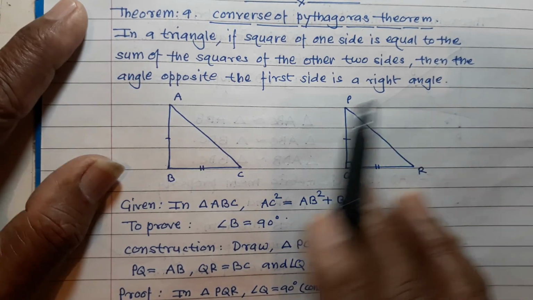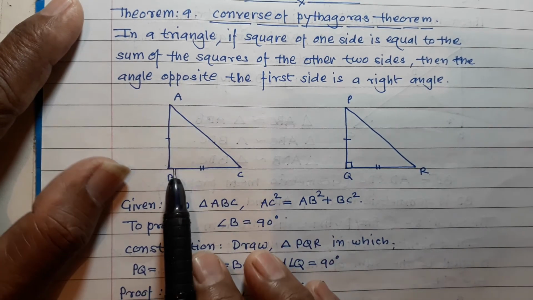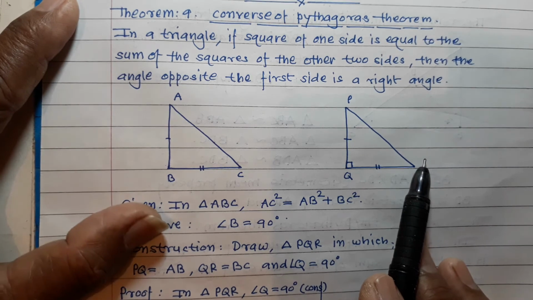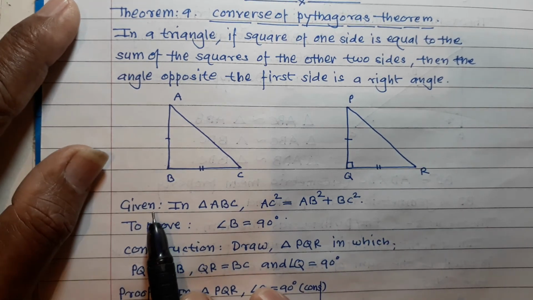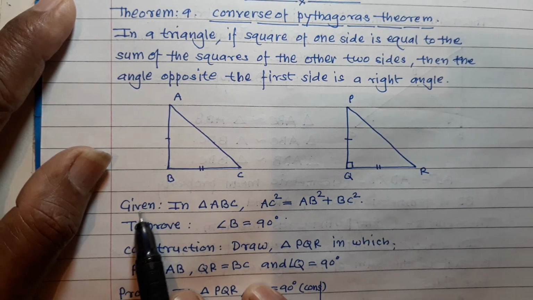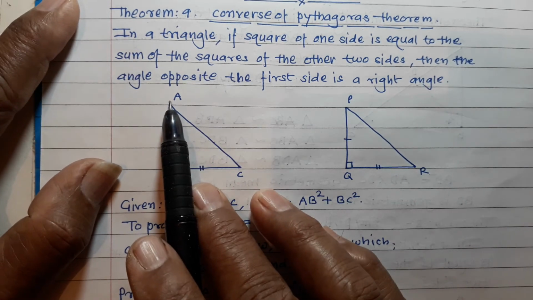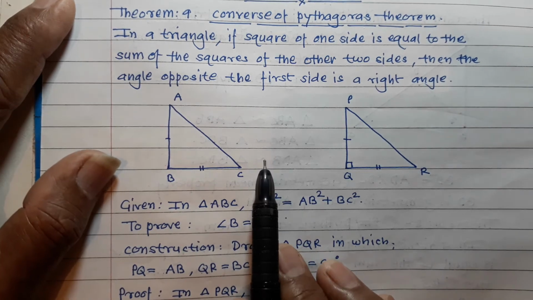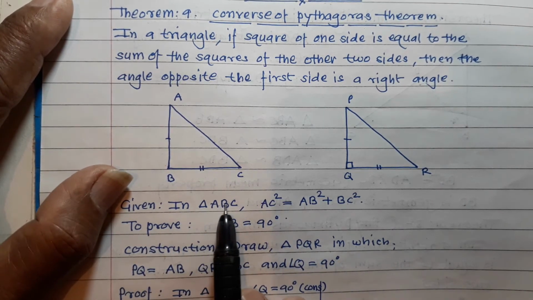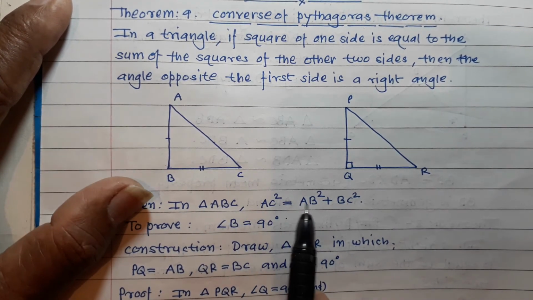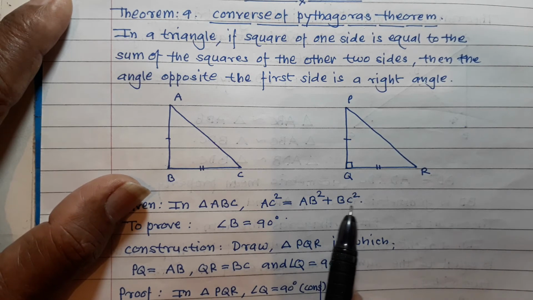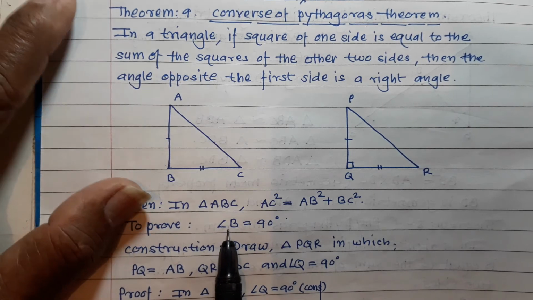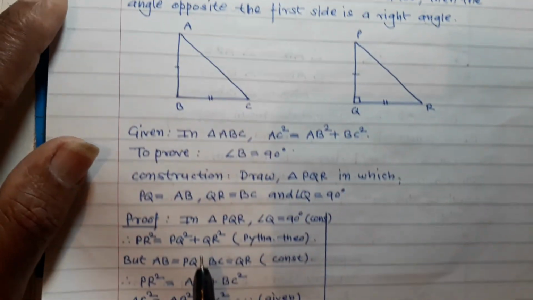So this is triangle ABC and this is triangle PQR. Given: in triangle ABC, AC square is equal to AB square plus BC square. To prove: angle B is equal to 90 degrees.